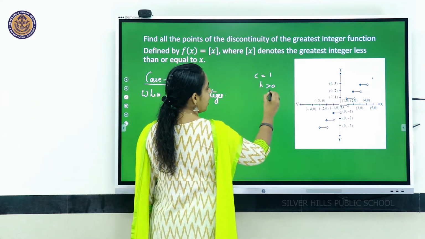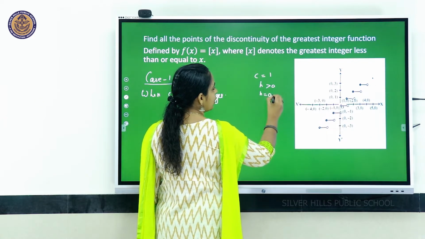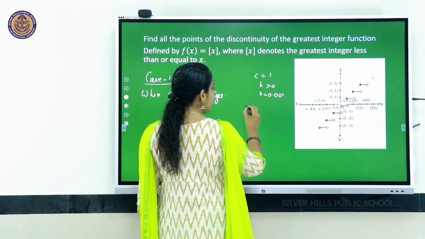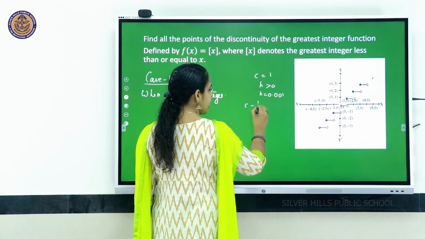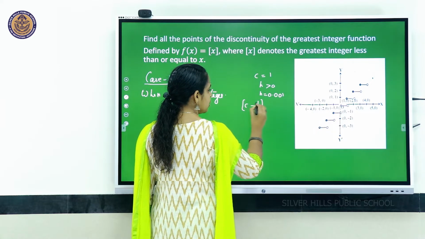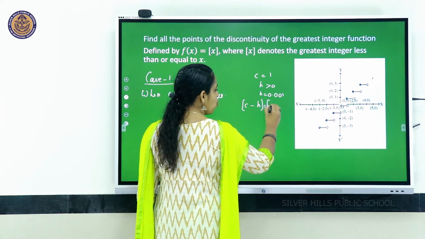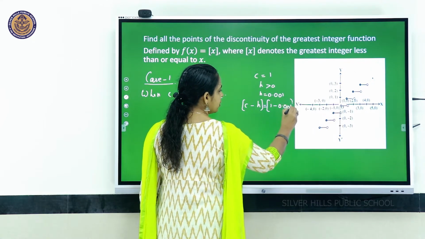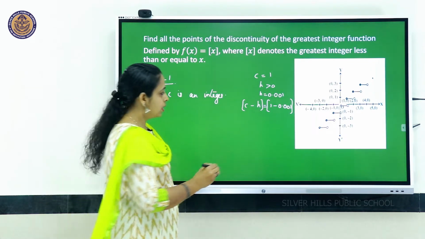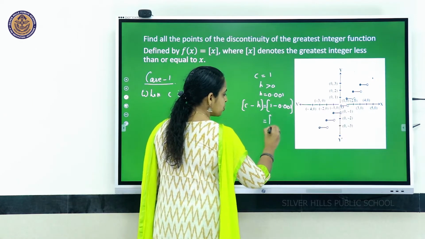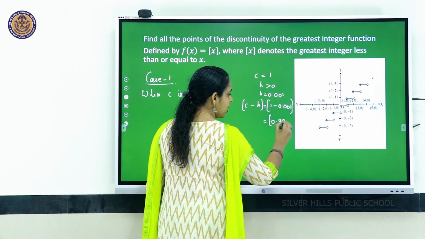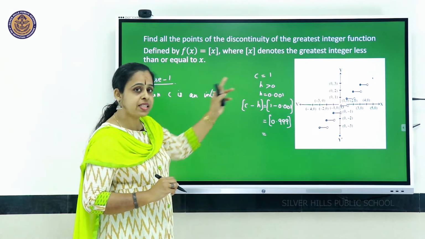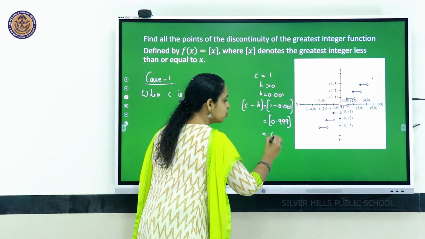So let me take here h as equal to 0.001. So when we take c minus h, we will get 1 minus 0.001, which is equal to box of 0.999, and the box value, as I said in the example previously, will be equal to 0.